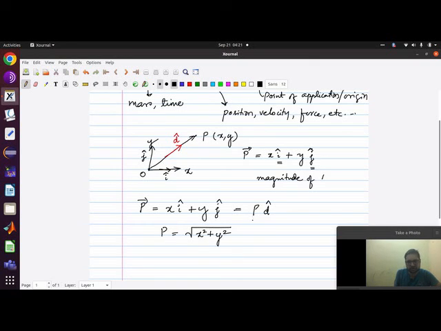So you travel distance p along t to go from O to P. That's what this means.